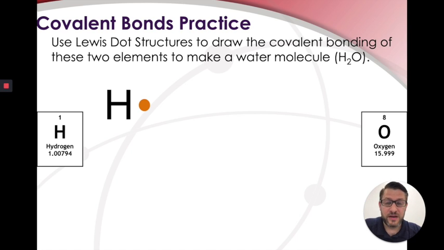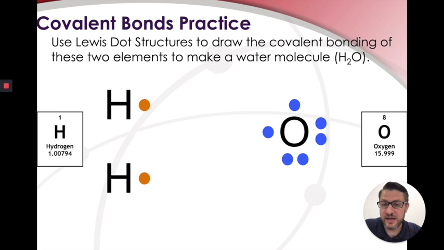With water, we have H2O, so we got to start with hydrogen. So hydrogen has 1 valence electron. In fact, hydrogen is the simplest of all the atoms because it has 1 proton and typically 1 electron. But to make water, we need more than just 1 hydrogen because it's H2, so we need a second hydrogen as well.